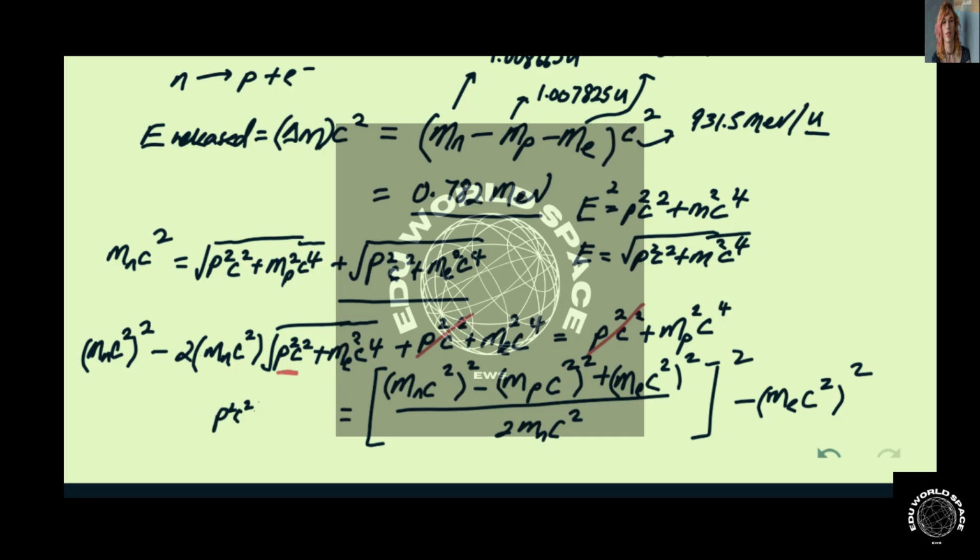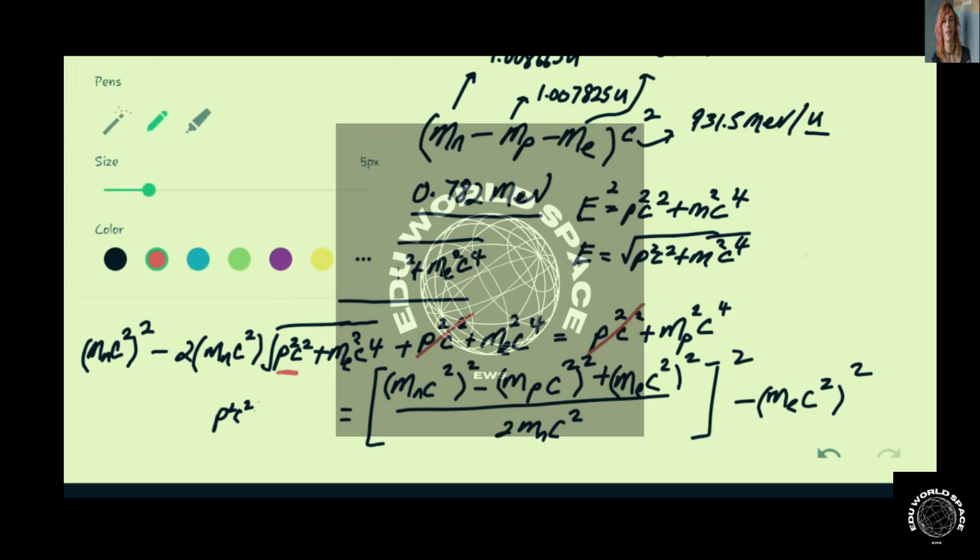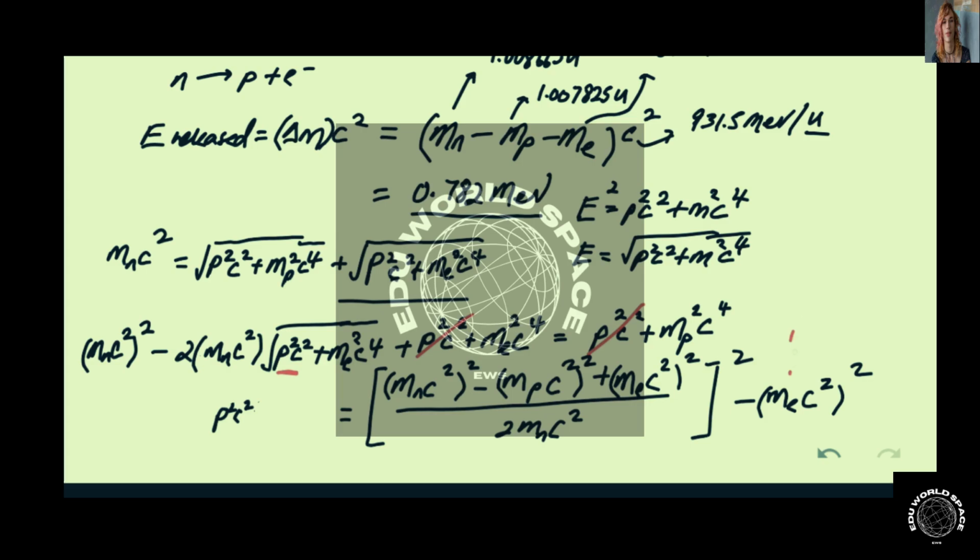What we're left with now is to substitute the rest energies into this equation. The rest energy for the electron is 0.511 MeV, for the neutron 939.6 MeV, and for the proton 938.3 MeV.